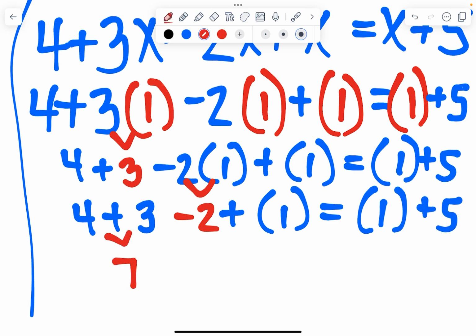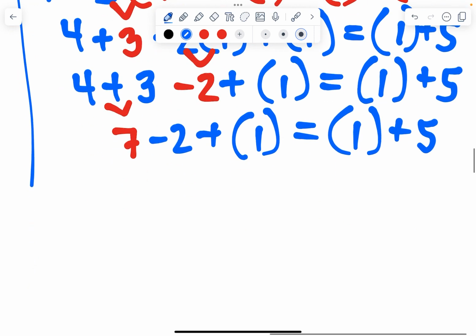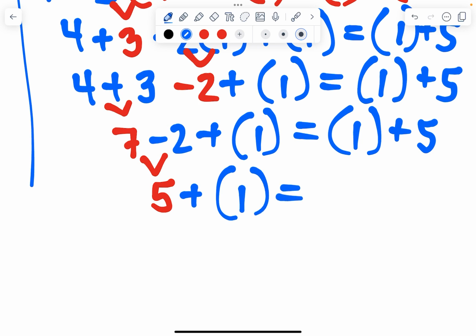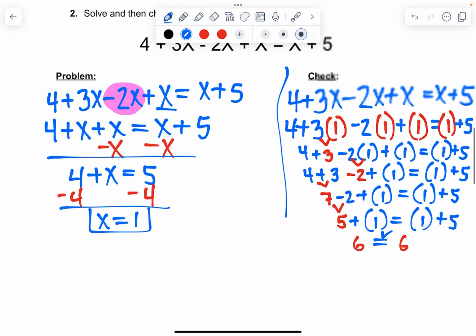Add. Left to right. And I end up with 6 equals 6. It's a check, and my answer is x equals 1. If you have any questions, feel free to let me know.